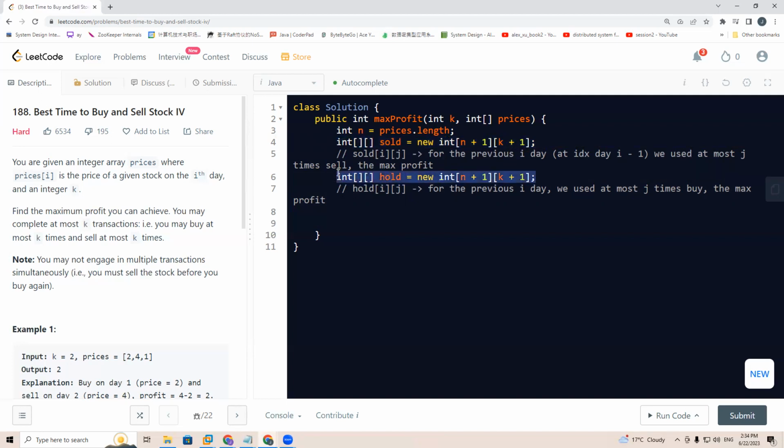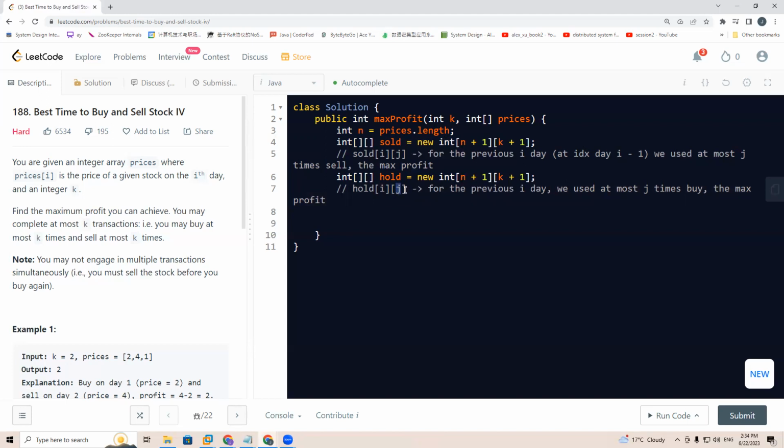And for hold, because it's possible we buy a stock at that day and we haven't sold, the initial value we set as integer minimal value. And the thing is that we are not necessarily selling the stock j times at day i.